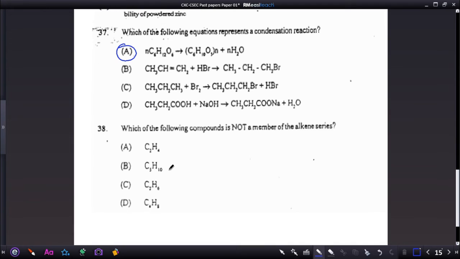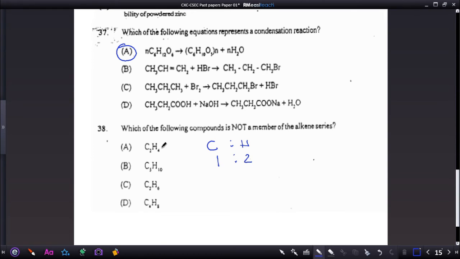38. Which of the following compounds is not a member of the alkene series? The quickest way to identify an alkene by looking at the formula is the ratio between carbon and hydrogen. The ratio for carbon and hydrogen in an alkene is always 1 to 2.